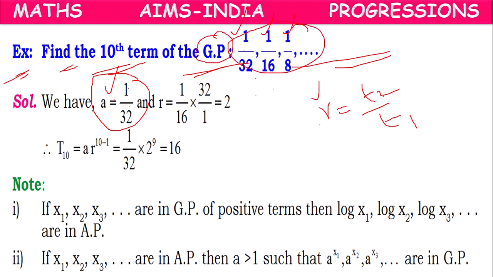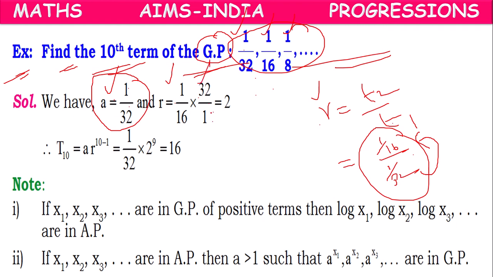Common ratio formula is T2 by T1, which is equal to 1 by 16 divided by 1 by 32. The denominator goes to the numerator, so it becomes 1 by 16 into 32 by 1. 16 goes into 32 two times, so the common ratio value is 2.